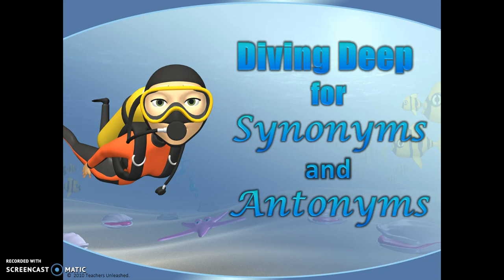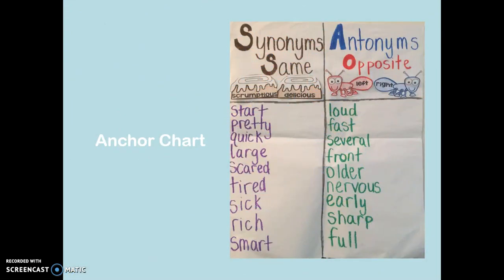And then I transitioned to the anchor chart that I would use for this lesson. And this is the exact anchor chart that I used. I took this picture before, so it doesn't have any words on it. But I went over how synonyms have the same or similar meanings, so that's why the S is bold, so they can remember that synonyms are same, similar.